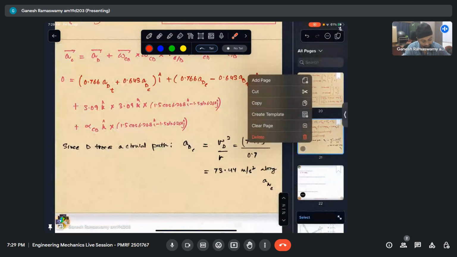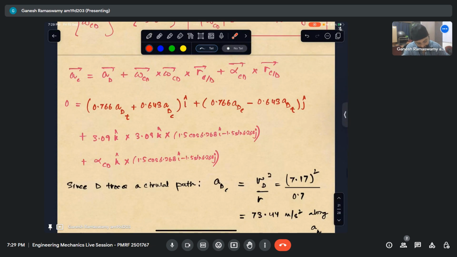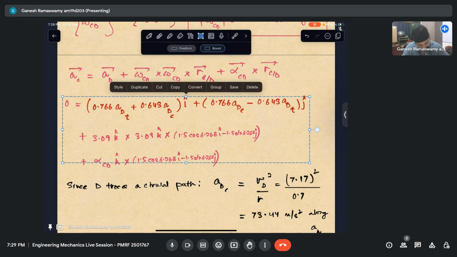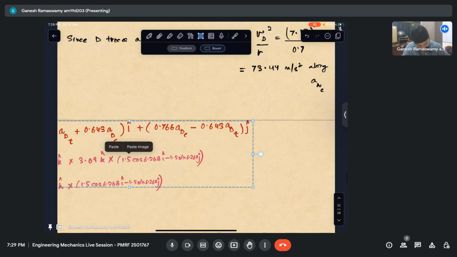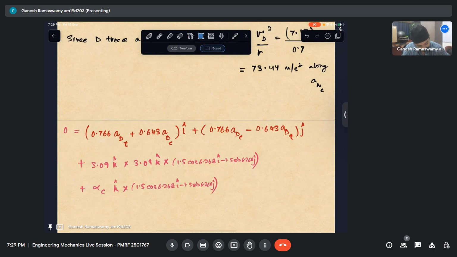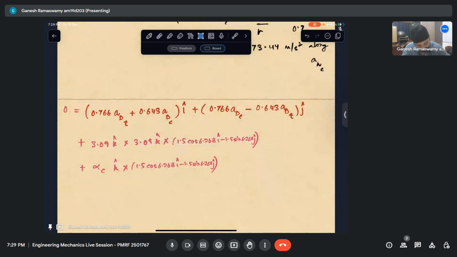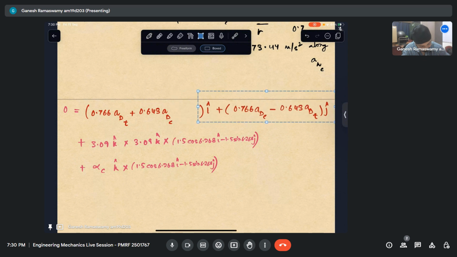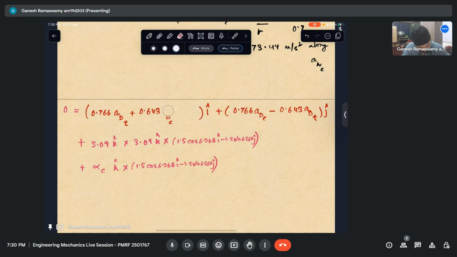So let me take this equation, put it here, and in this, let me substitute 73.44.